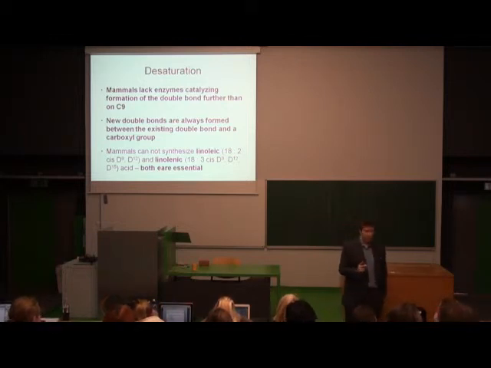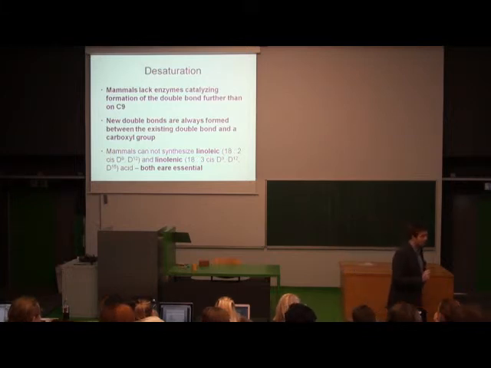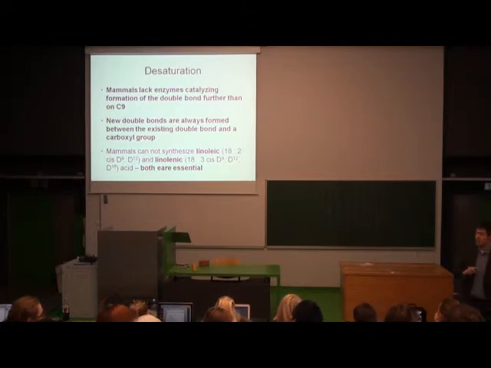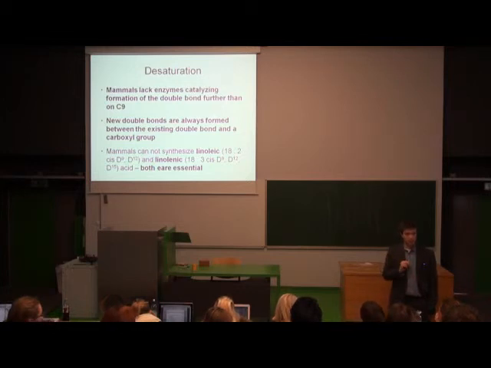The example is arachidonic acid. Arachidonic acid has 4 double bonds and one is on carbon number 14. Yes? And this fatty acid we can synthesize in the metabolism. Can you explain why?